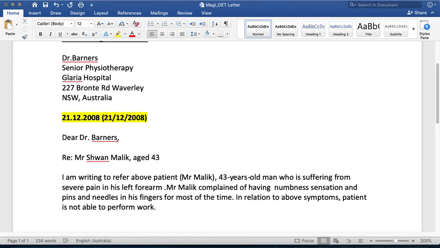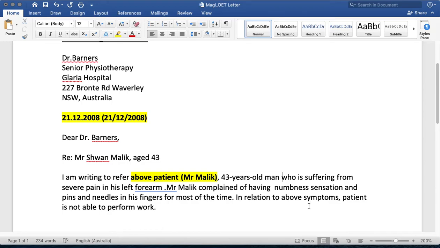Well, for adult patients, it is really important that we use the surname of the patient only. For both the addressee and the patient, only for the first time we need to write their full name, but from there onwards you need to use only the surname of the patient if they are adult. So this one needs to be replaced with Mr. Malik.